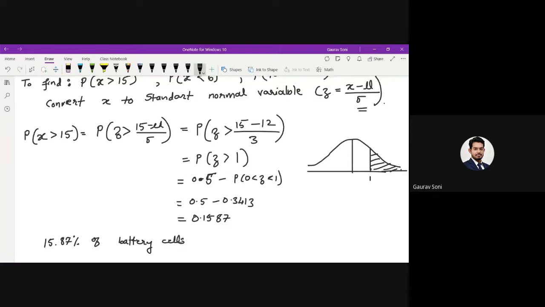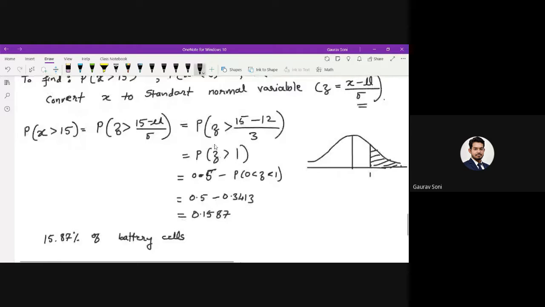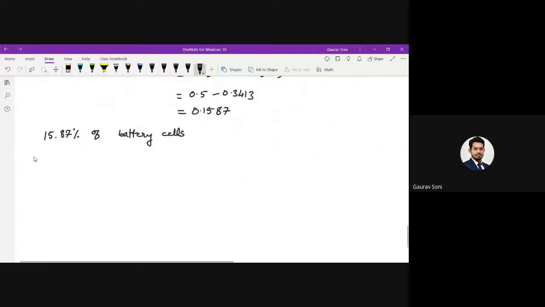Let's get to the next one. Probability of x less than 6 is equal to probability of z less than 6 minus mu divided by sigma.